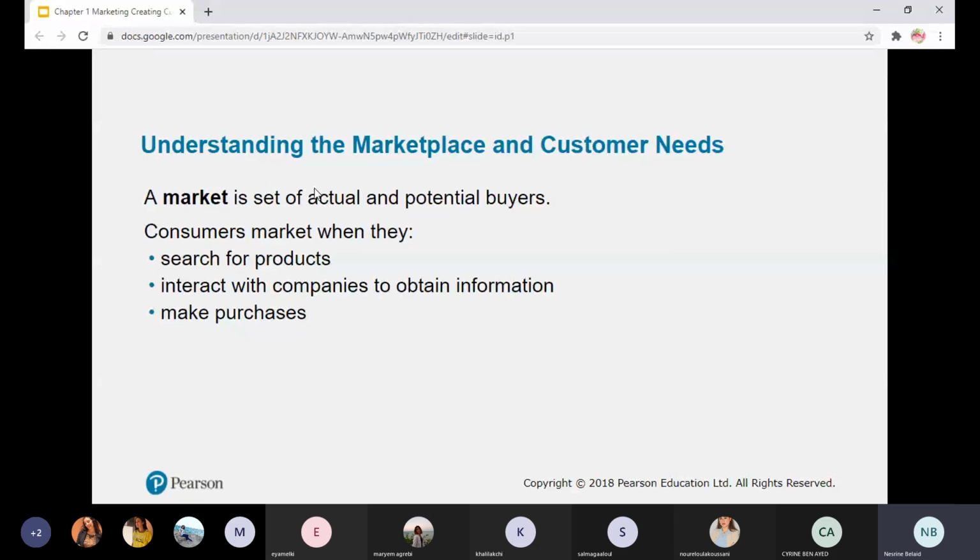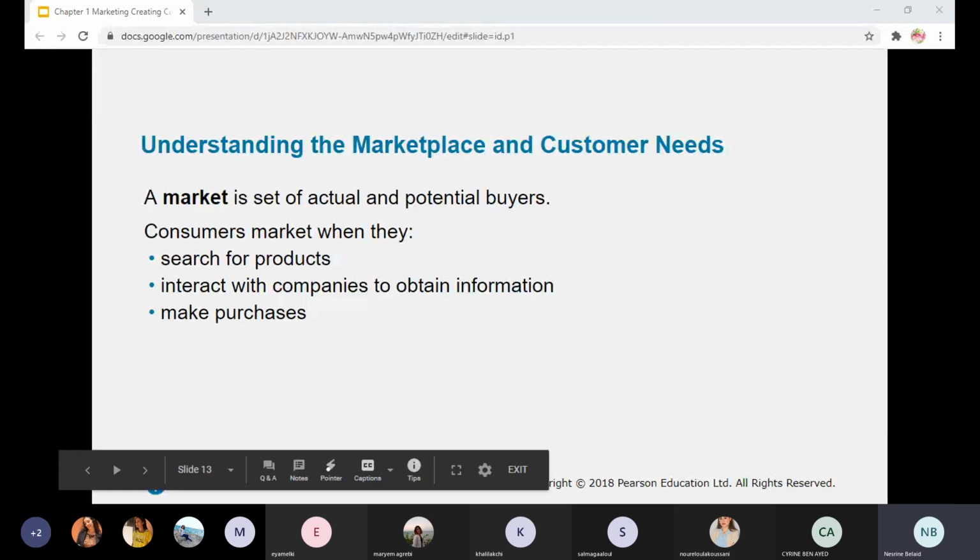Then we tried to understand what a market is.